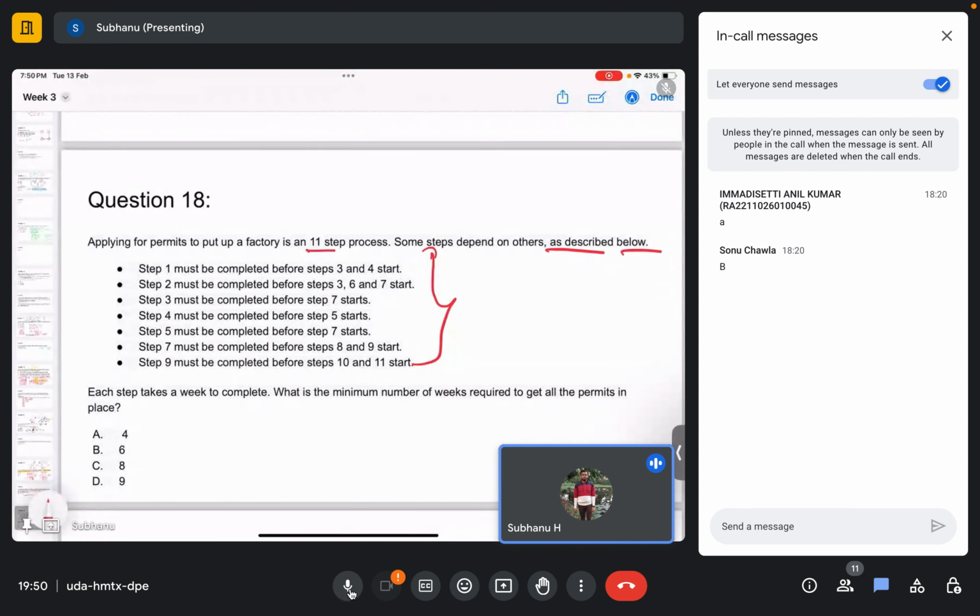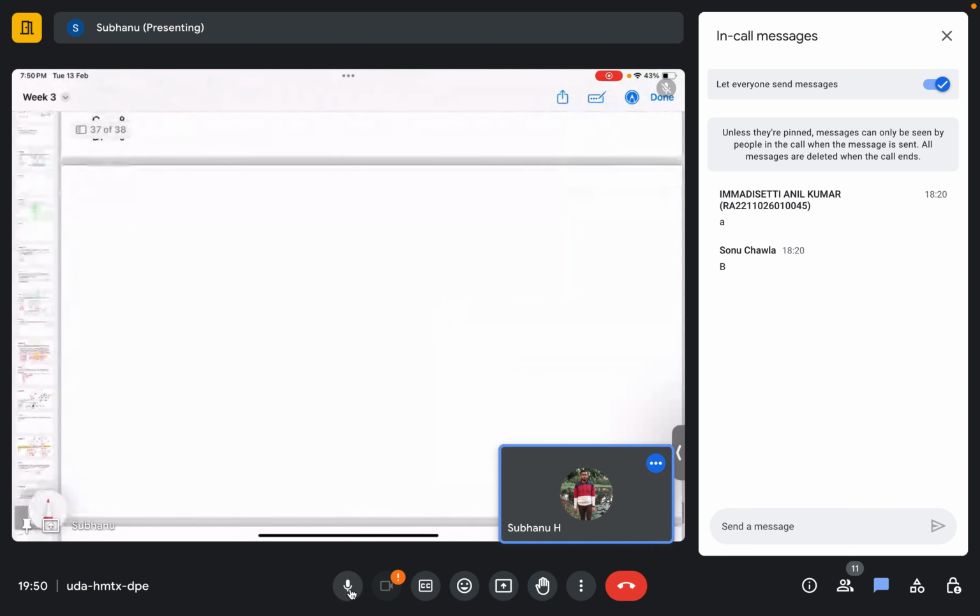So you can draw here. The hint to answer this question is that you can draw a directed acyclic graph from this. Directed because you know that step 1 must be complete before step 3. So if this is step 1, this must be complete before step 3.